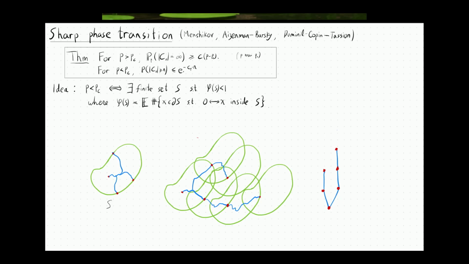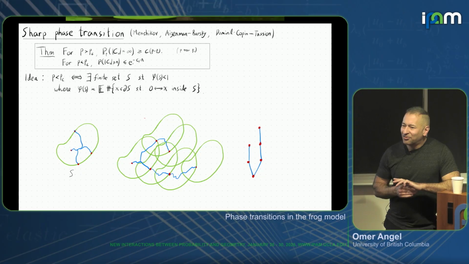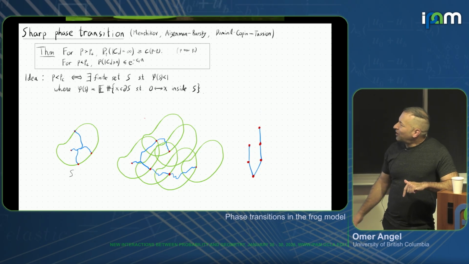So for reference, this is a little bit about sharpness of the phase transition for classical Bernoulli percolation, with which I assume you're all familiar, at least with the model, if not with the results. For Bernoulli percolation, you just have edges or vertices of the graph that are either open or closed independently. There is a critical density p_c above which we have an infinite cluster with positive probability. This is for, say, a transitive graph.